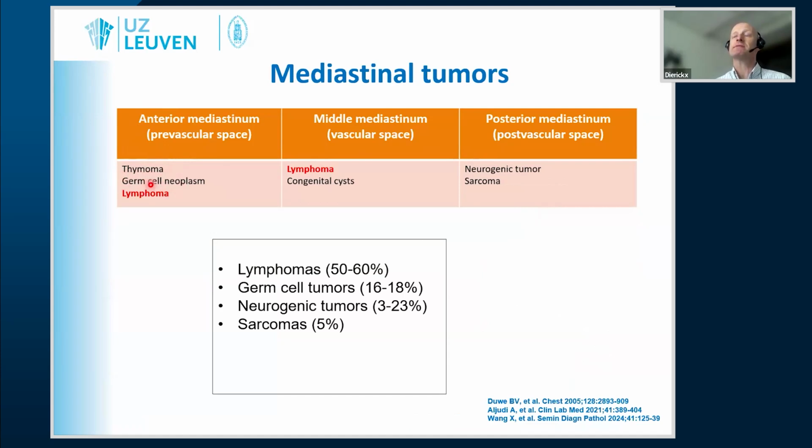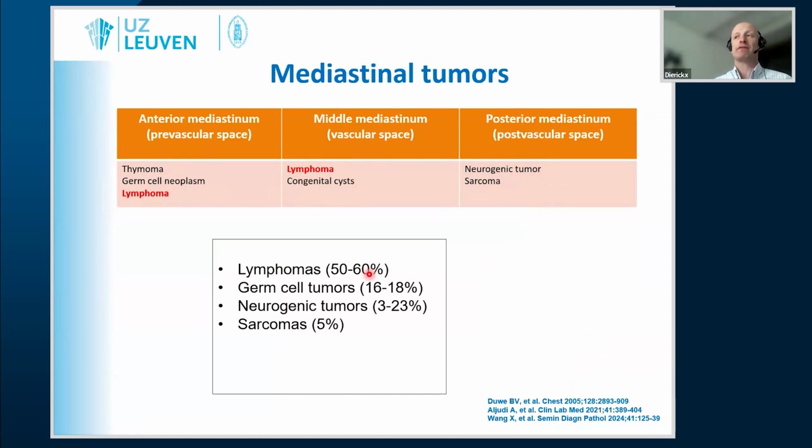You have germ cell neoplasms, and there are lymph nodes, so lymphoma is also an important part of the masses in the anterior mediastinum. In the middle mediastinum, you have the lymphoma, you have congenital cysts, and in the posterior mediastinum, of course, you have mostly the soft tissue, the neurogenic tumors, the sarcomas.